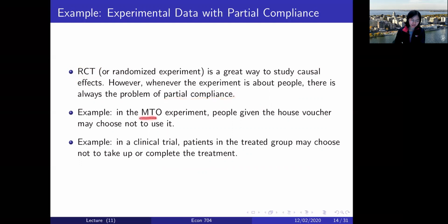For example, we talked about the Moving to Opportunity experiment, where people are given vouchers to help them move to a better neighborhood. The vouchers are randomized. People can be given the vouchers, but it is illegal to force people to move, or to force people who are not given the vouchers not to move. So people who are given house vouchers may or may not use them, and people who were not given house vouchers may still get to move.